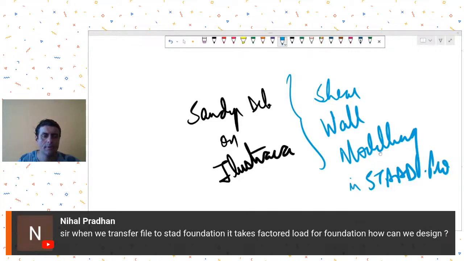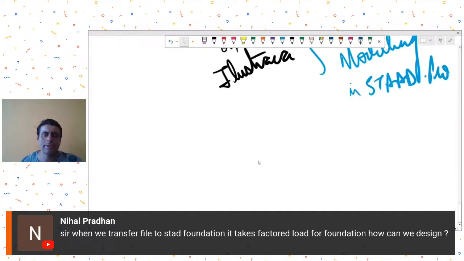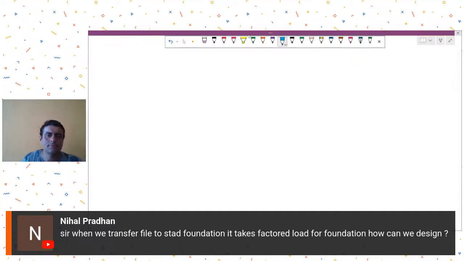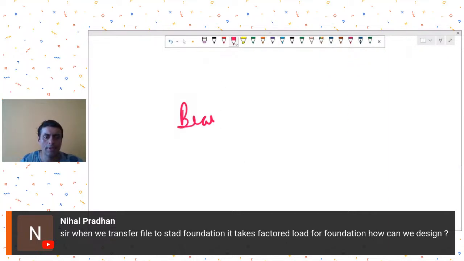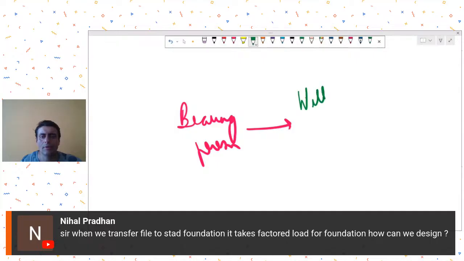All right. Then Mr. Nihal Pradhan is asking, when we transfer a file to STAAD Foundation, it takes factored load for foundation. How can we design? I've never used STAAD Foundation, so I am not sure what it does. But of course, the basic concept is that bearing pressure will be checked for service loads, without combination, that is.